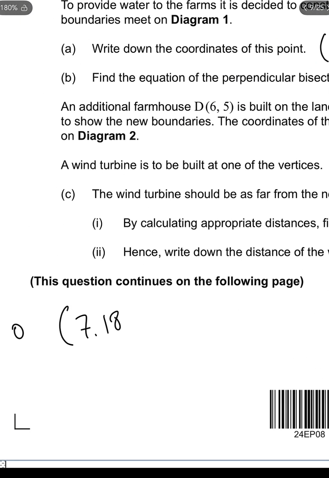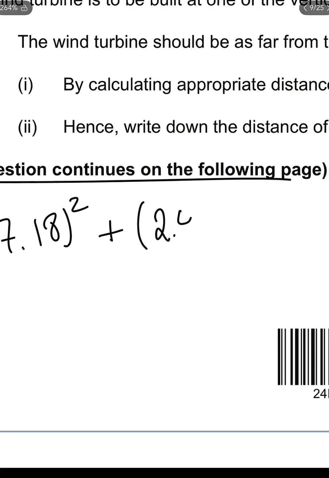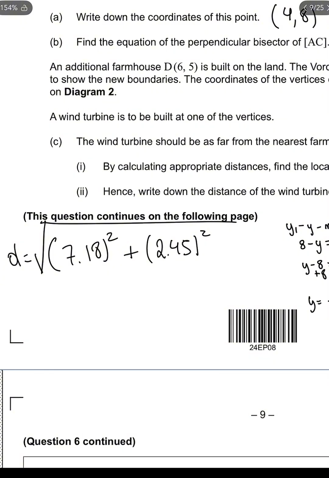So my distance is equal to the square root of 7.18 squared plus 2.45 squared. By plugging this into the calculator, I get the distance to be 7.59 kilometers, to 3 significant figures.